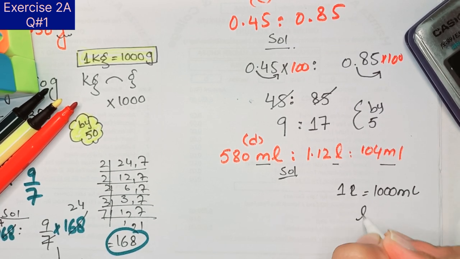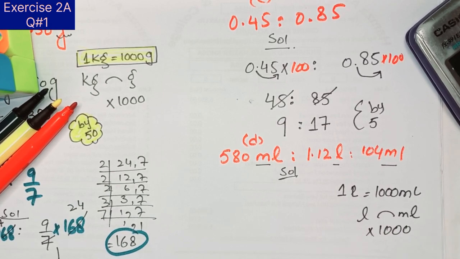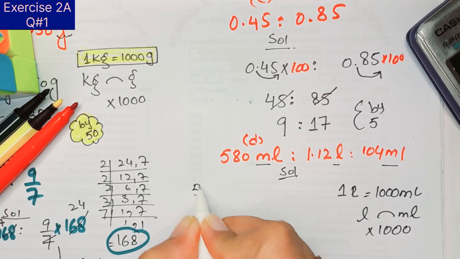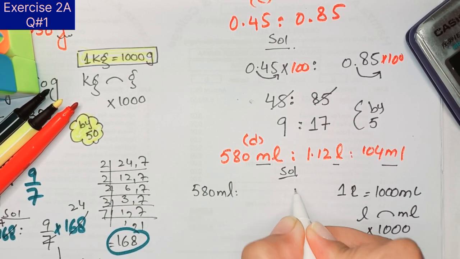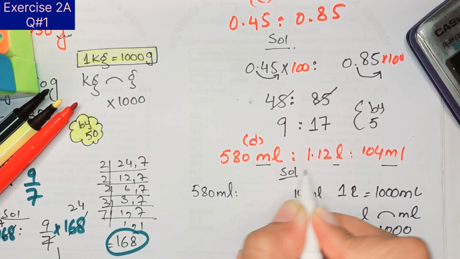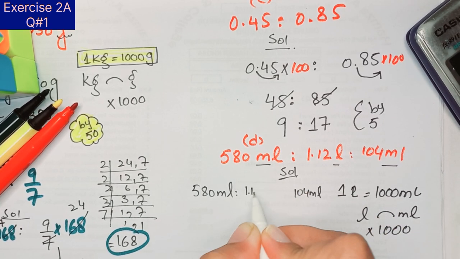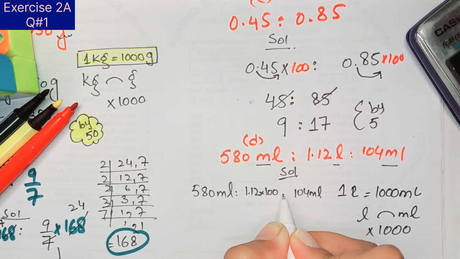So for converting liter to milliliter, we will multiply by 1000. So 580 milliliter stays the same, 104 milliliter is also as it is, and this one, 1.12, we will multiply with 1000. So now it's also in milliliter.